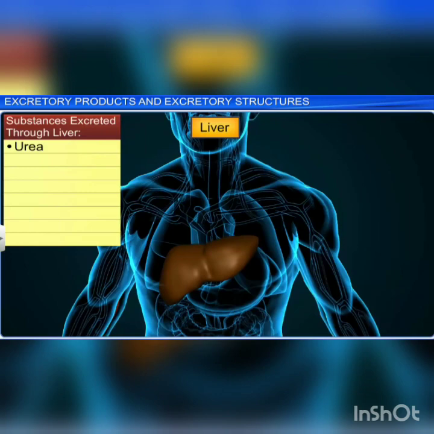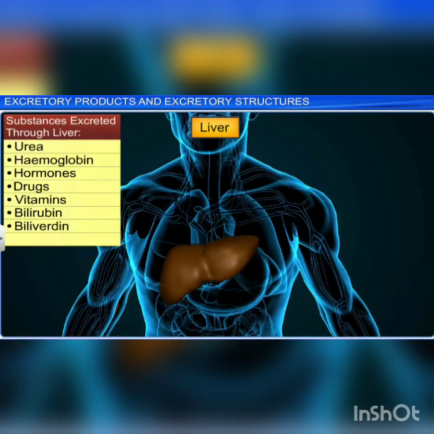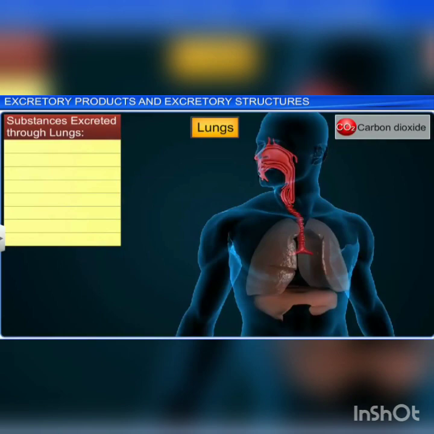Moreover, it degrades hemoglobin, hormones, drugs and vitamins and adds them to bile as bile pigments bilirubin and biliverdin, which are then excreted through the feces. The lungs are also excretory organs that help in the removal of large amounts of carbon dioxide, a byproduct of cellular respiration, from our body. In addition, the lungs also help in the removal of water.